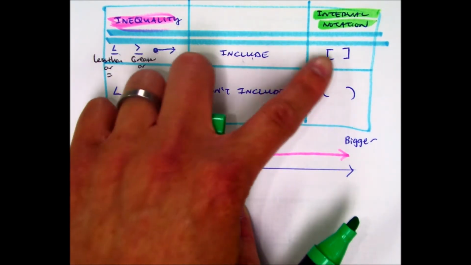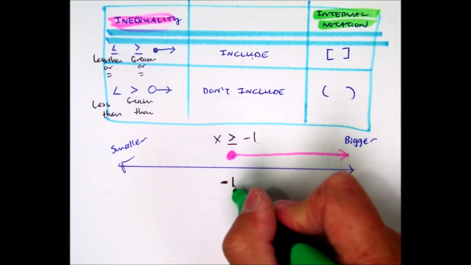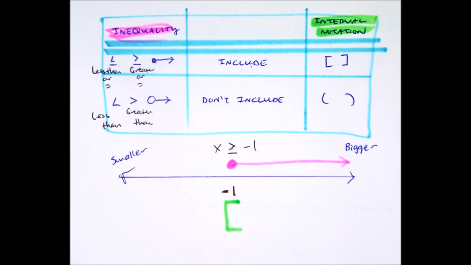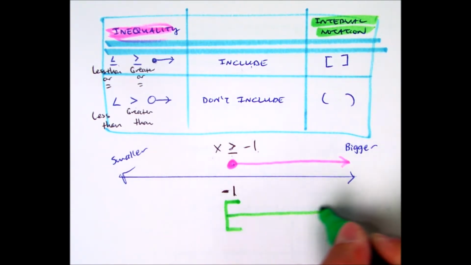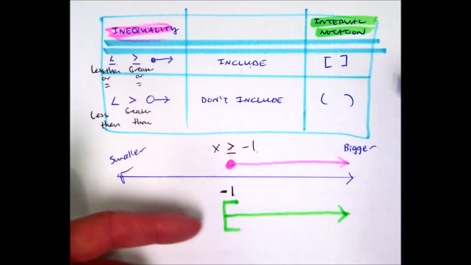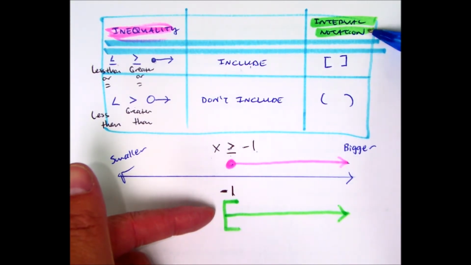Bracket. A bracket. And in this bracket, I'm going to go in the same direction my inequality was going towards. This is a graph of the inequality. This is a graph of the interval notation.